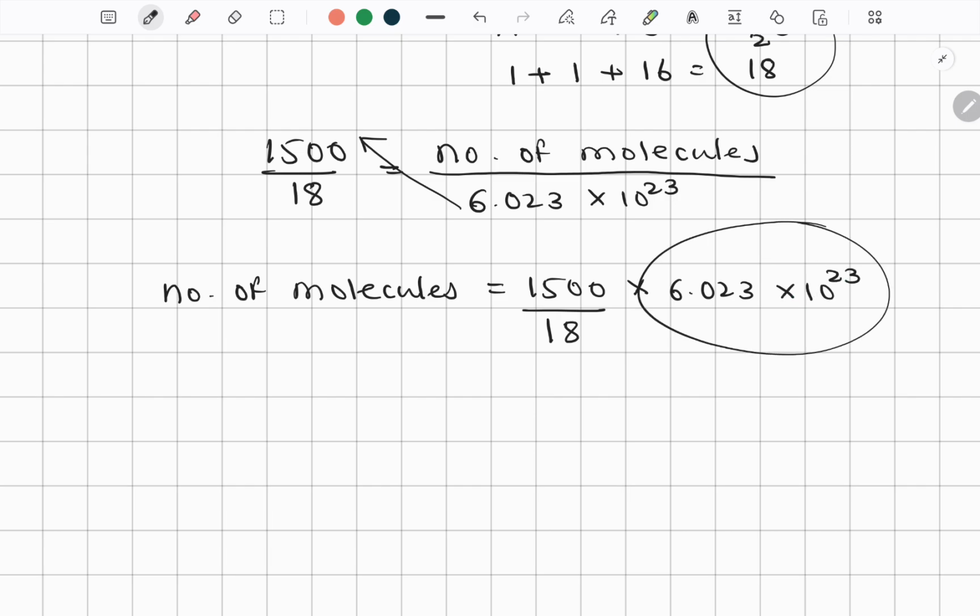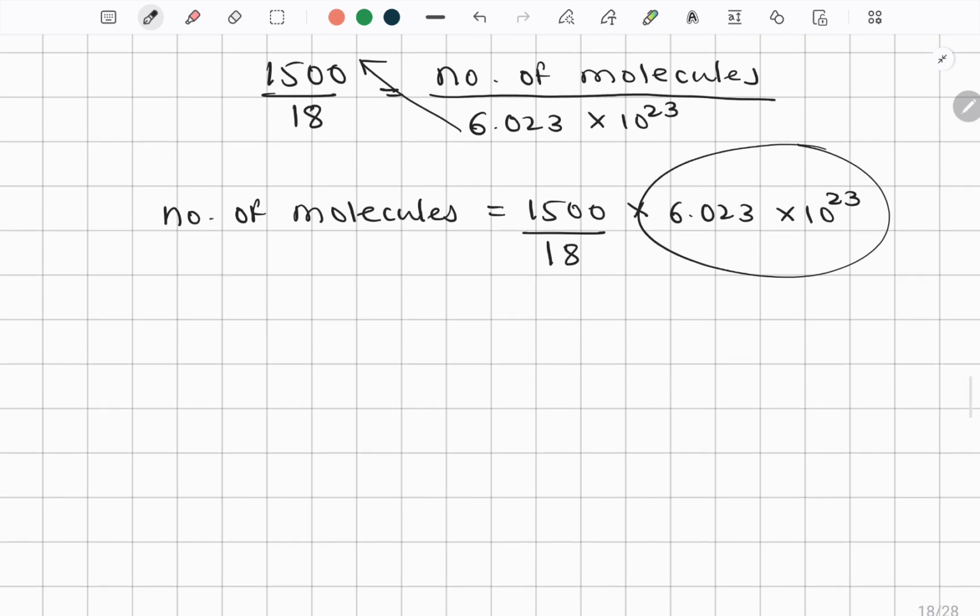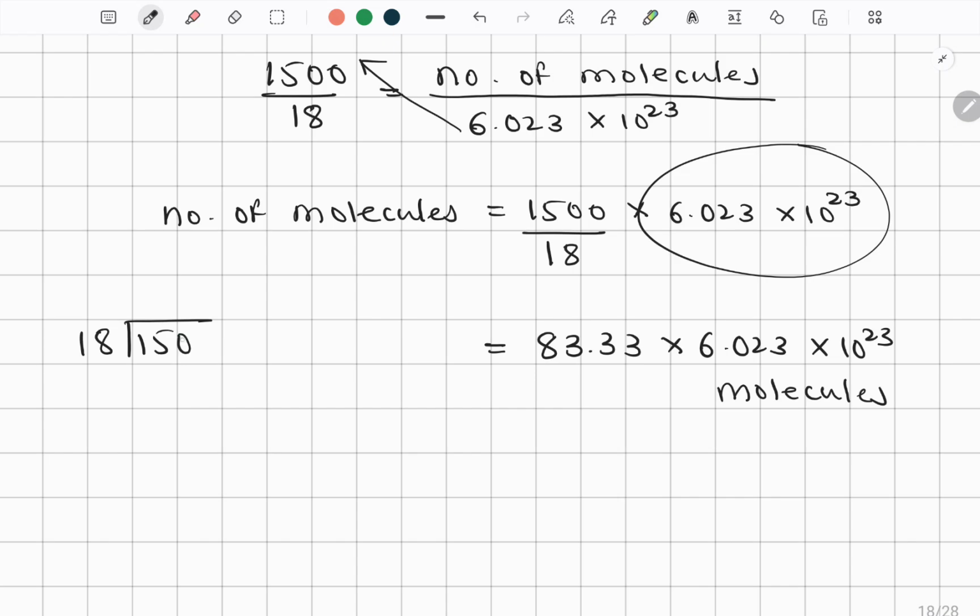Always leave the Avogadro number aside and try to solve this fraction. So 1500 divided by 18. When you do this calculation, you will get 83.33 into 6.023 into 10 raised to 23 molecules. You can solve this very easily, it's just 1500 divided by 18.